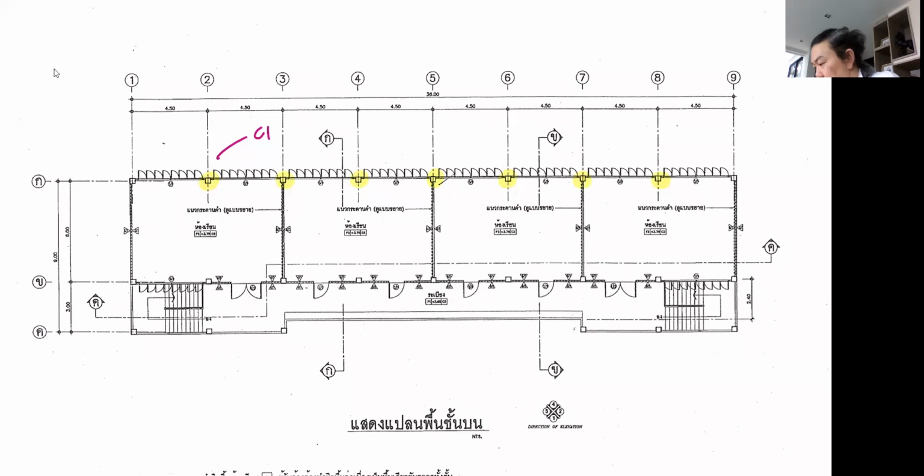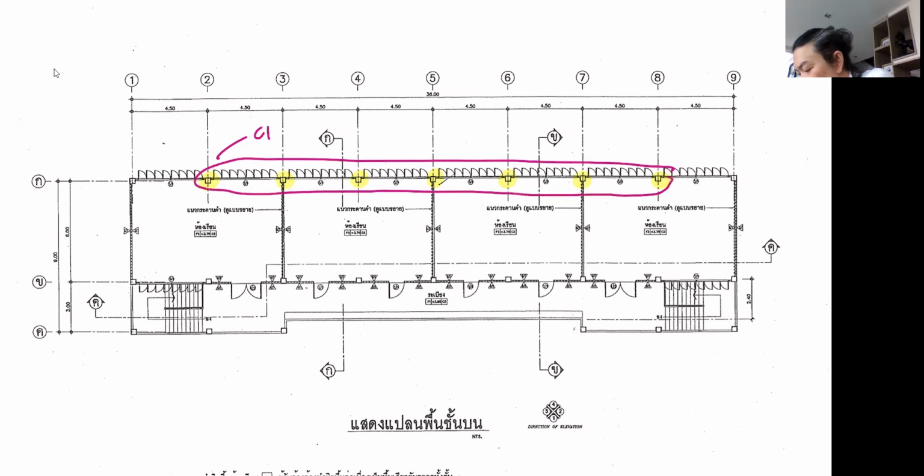So from this, we can group every column as a C1. Now, because this load may not be very big, and be mindful that some columns will have the wall coming in like that, some won't. So when you look at all the columns in this pink circle, you take the most critical one and design for it. Okay, so that covers C1.